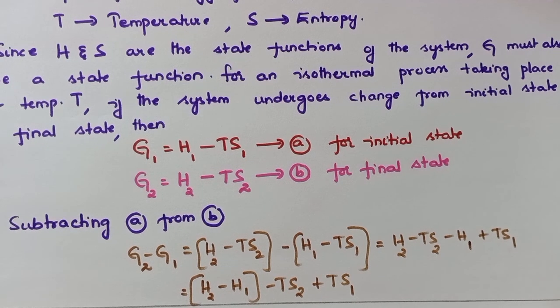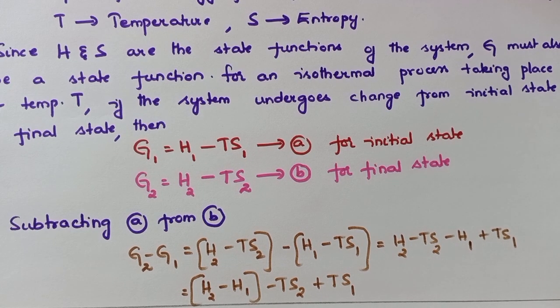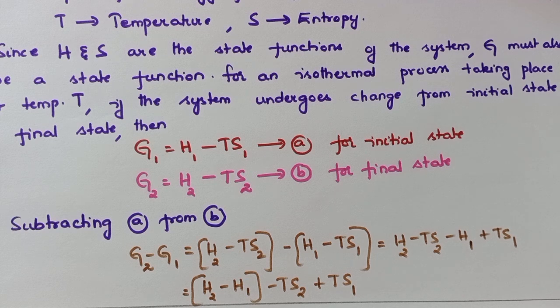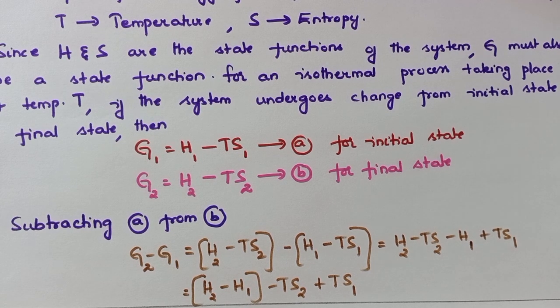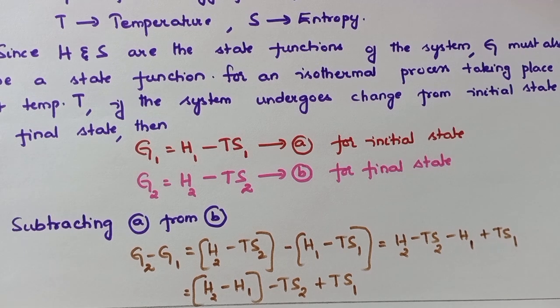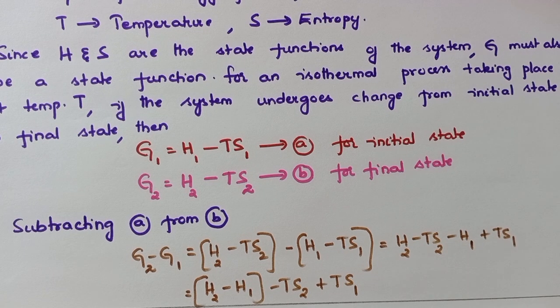I am not showing the next step. After you write, I will show you, then you can check whether you have written correctly or not. T into S2 minus S1. Very good. T into S2 minus S1.